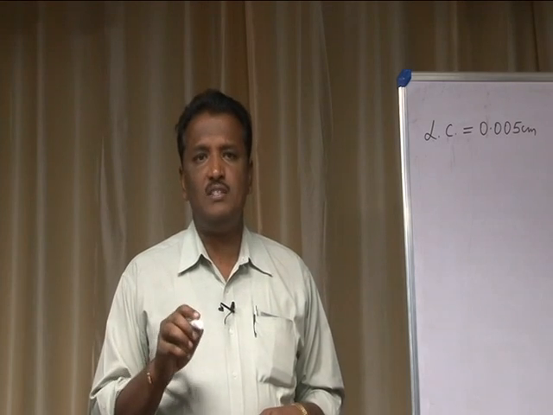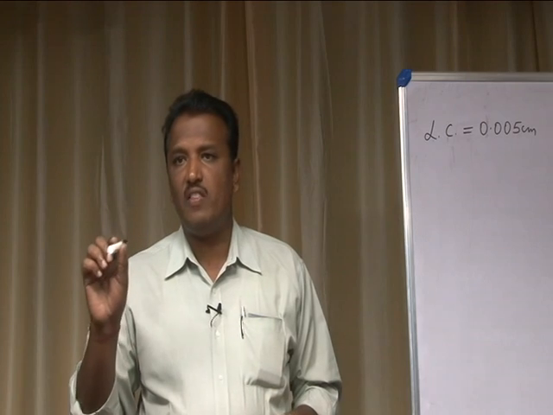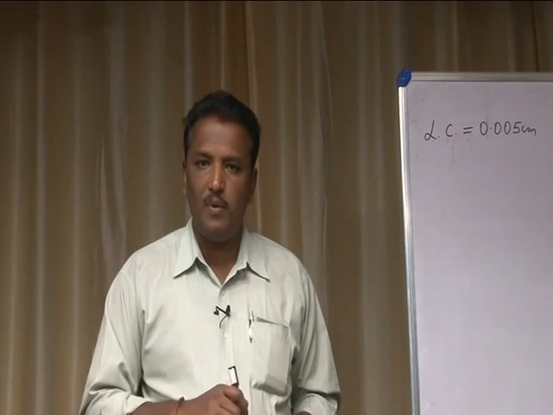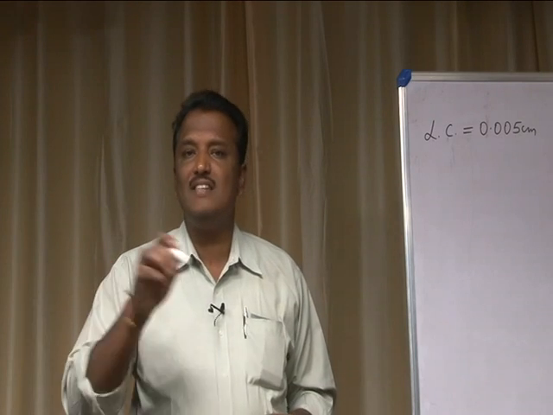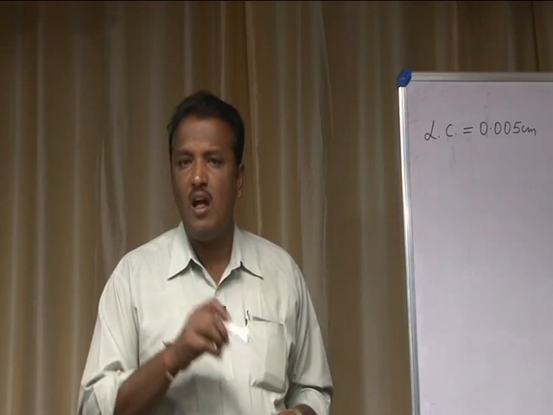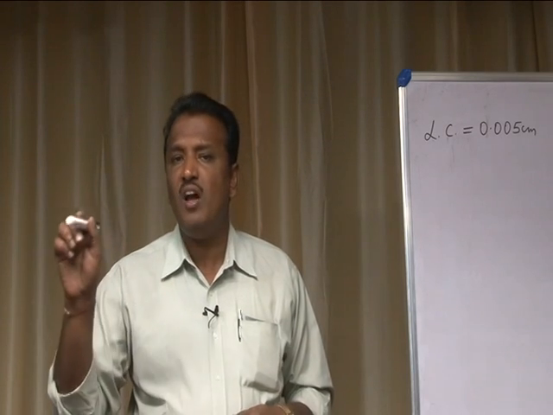So, the summary is, we are going to find how many divisions are there on the vernier scale of the given calipers, where the least count is 0.005 centimeter and the main scale is divided in terms of half mm.